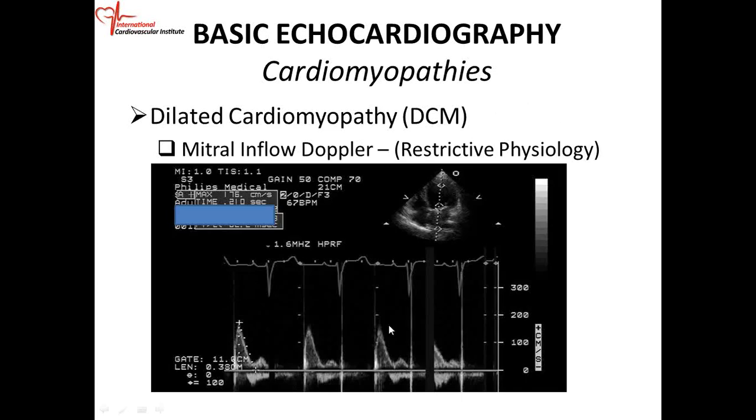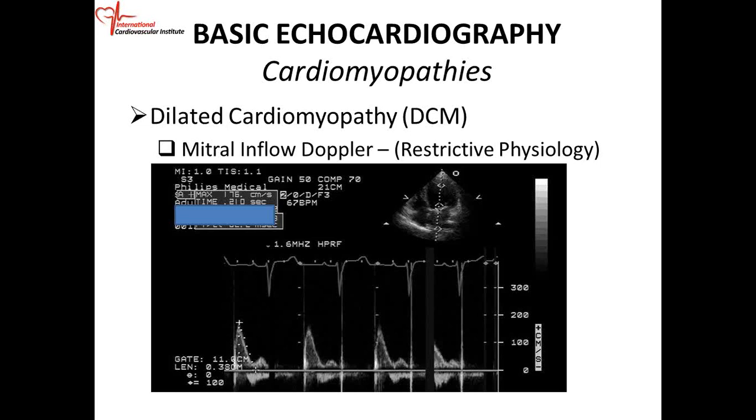When you look at your E/E prime, it helps you to grade the amount of diastolic dysfunction. If you just look in here, you can see that your E to A ratio is greater than 2. So this patient more than likely has a restrictive physiology, or what we call grade 3 diastolic dysfunction.